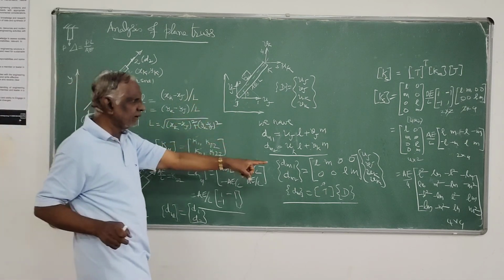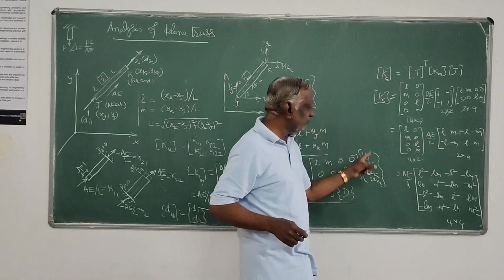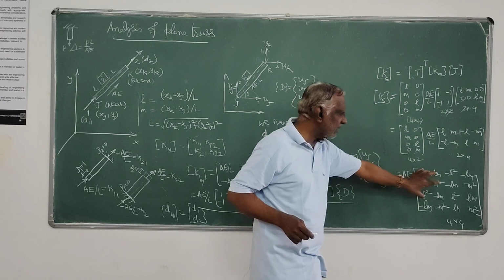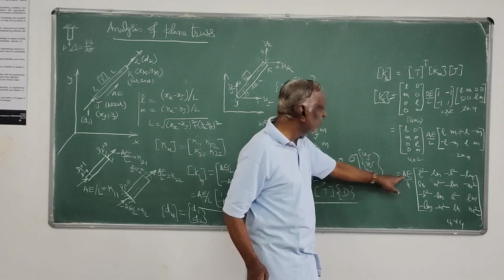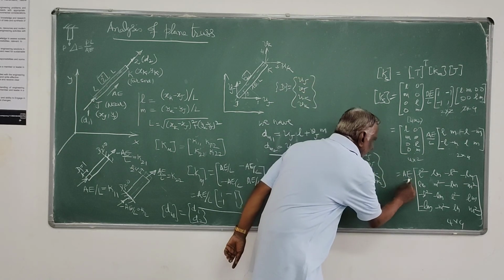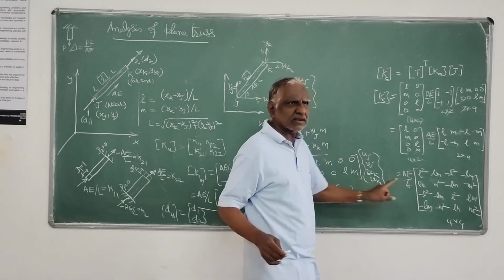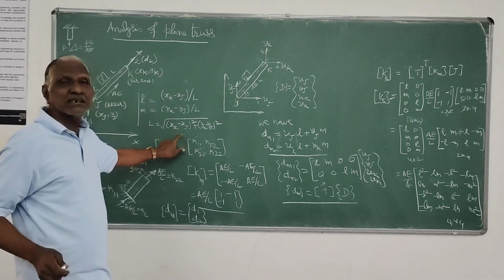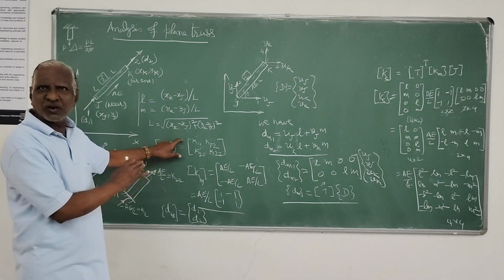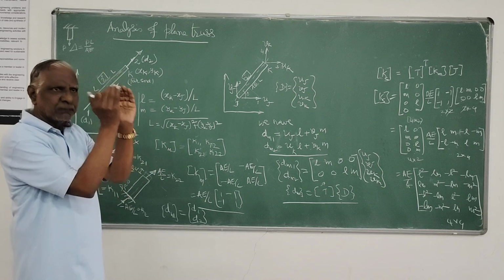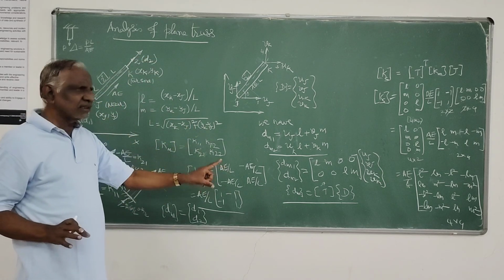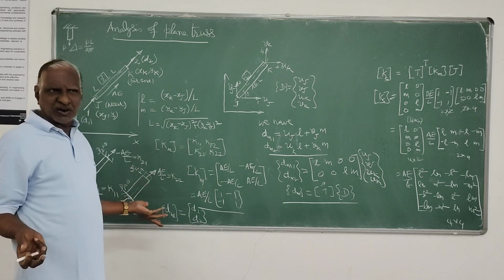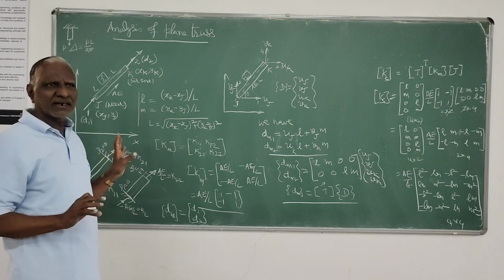Remember that this global stiffness matrix is purely in terms of element properties: L and M, the direction cosines of the member, AE the axial rigidity, and L the length of the member, which is again a geometric property. Nothing other than that, purely geometrical properties of the member. So knowing this information, we have to work a problem on a Truss element.